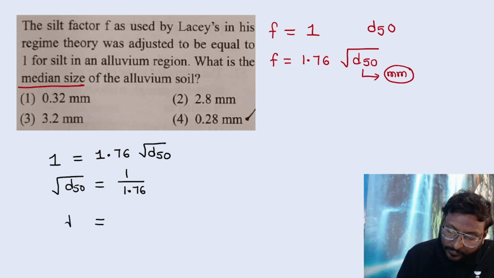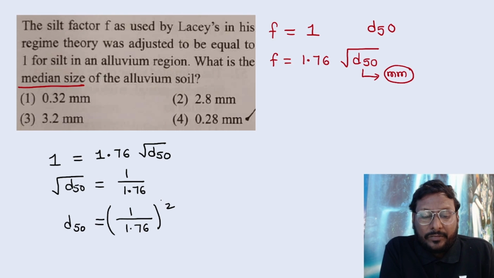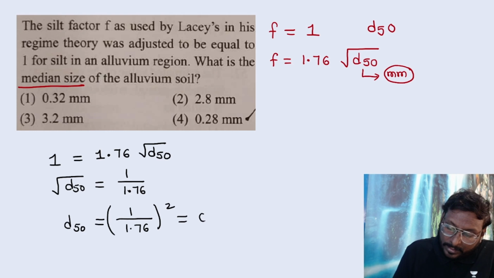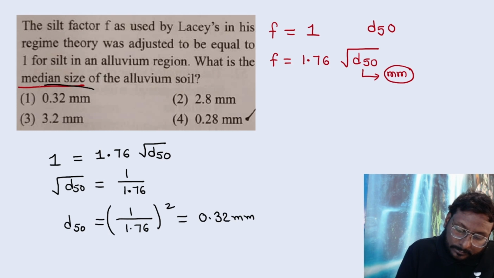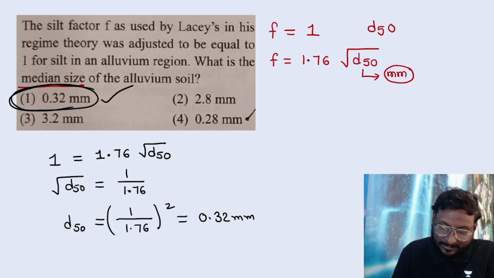You can take D50 equal to 1 by 1.76 whole square. It will come around 0.32 mm. Option 1.